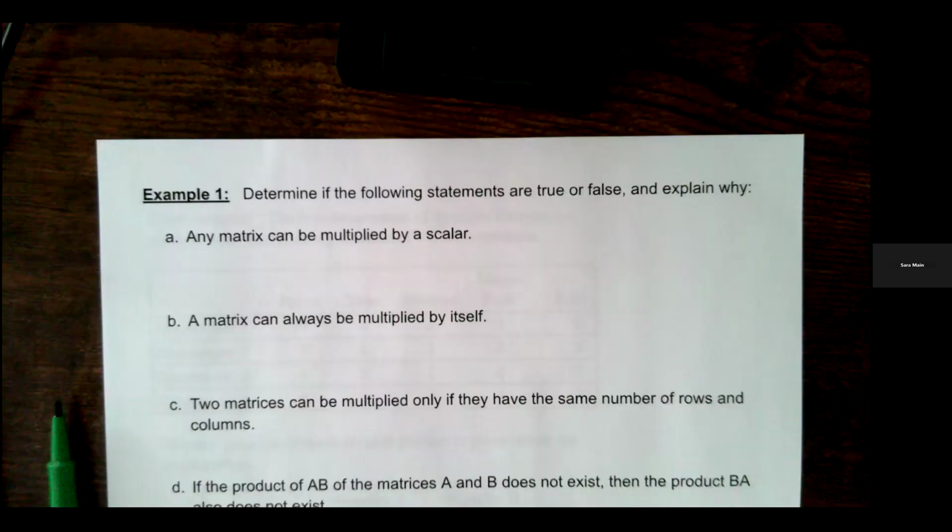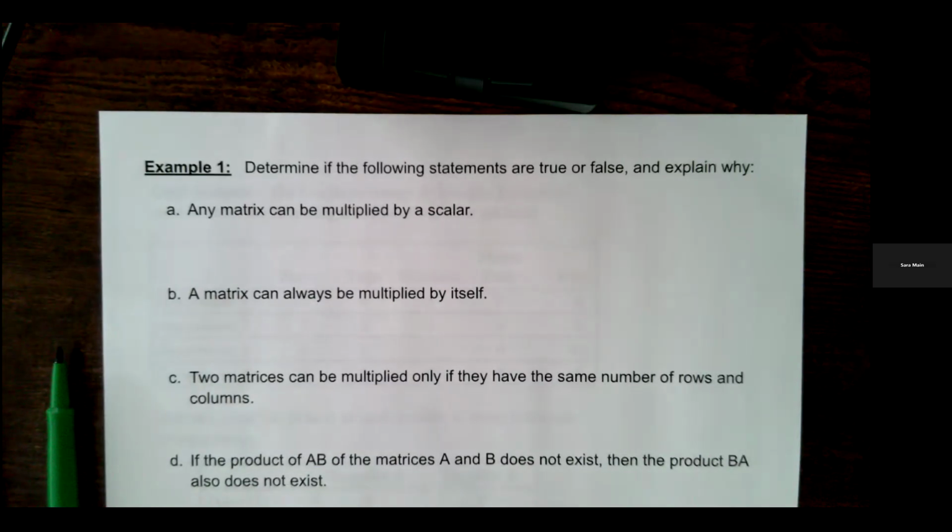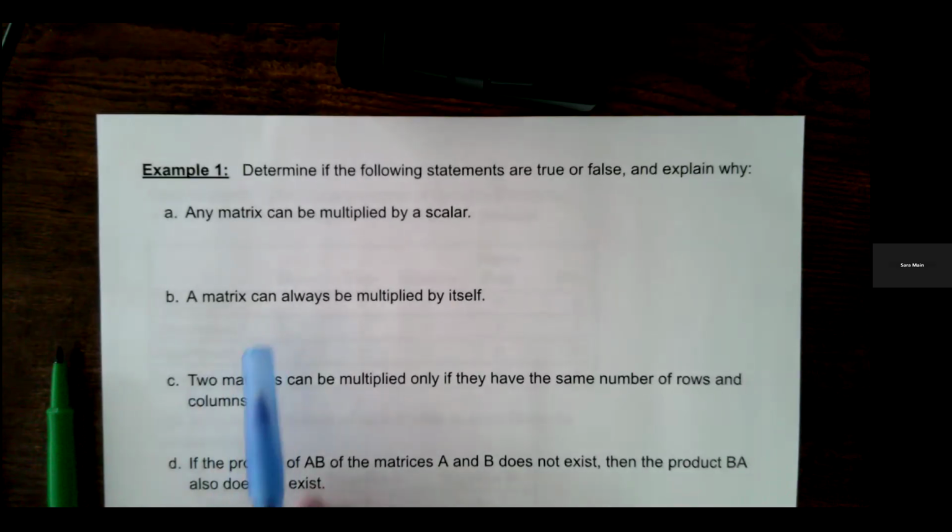So this says, determine if the following statements are true or false and explain why. It says, any matrix can be multiplied by a scalar. Is that true or false? That is true.